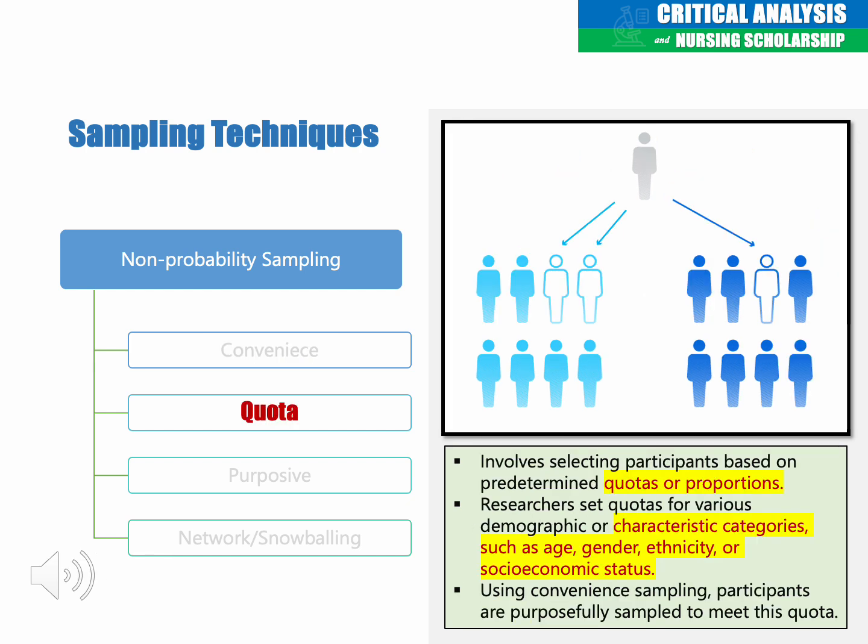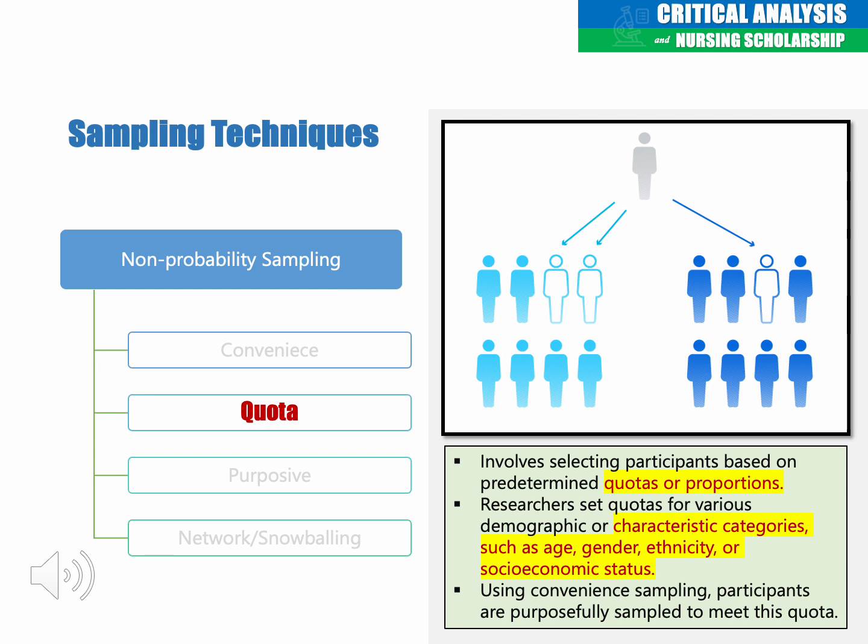The second type of non-probability sampling is called quota sampling. Now, quota sampling is used when you want to ensure your sample includes certain proportions of key groups without using random selection.